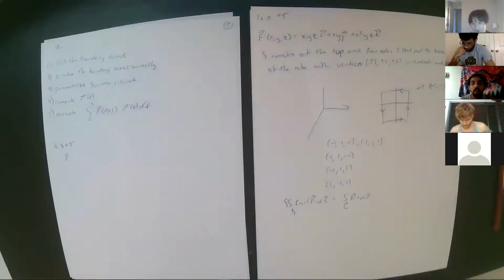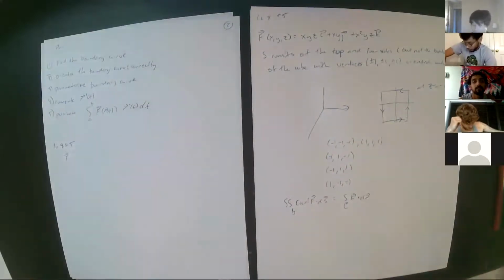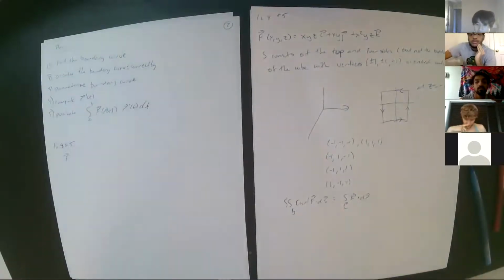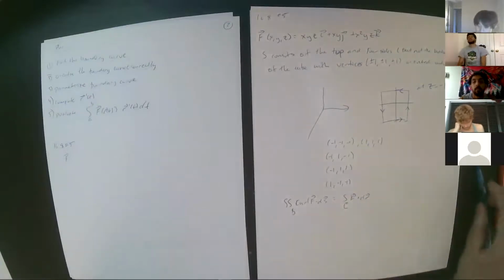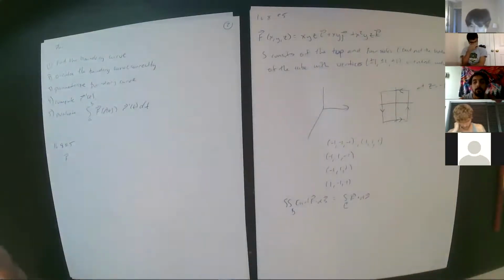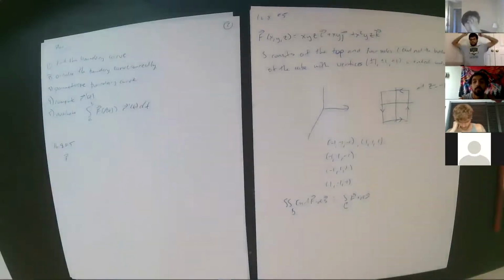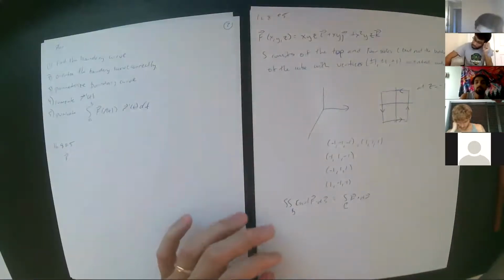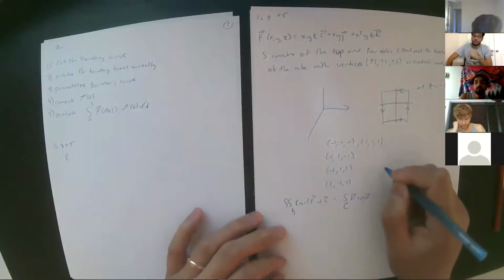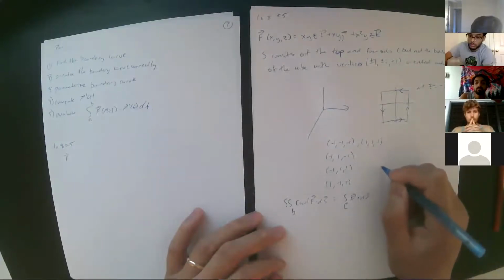Think of the vector field and the surface as 2 different objects. They're really independent of each other. I can make changes to the vector field and I can make changes to the surface, and that doesn't matter. It being conservative has nothing to do with the surface at all. So let's go compute this. How do we check if it's conservative? Let's do the curl. So what is the curl?